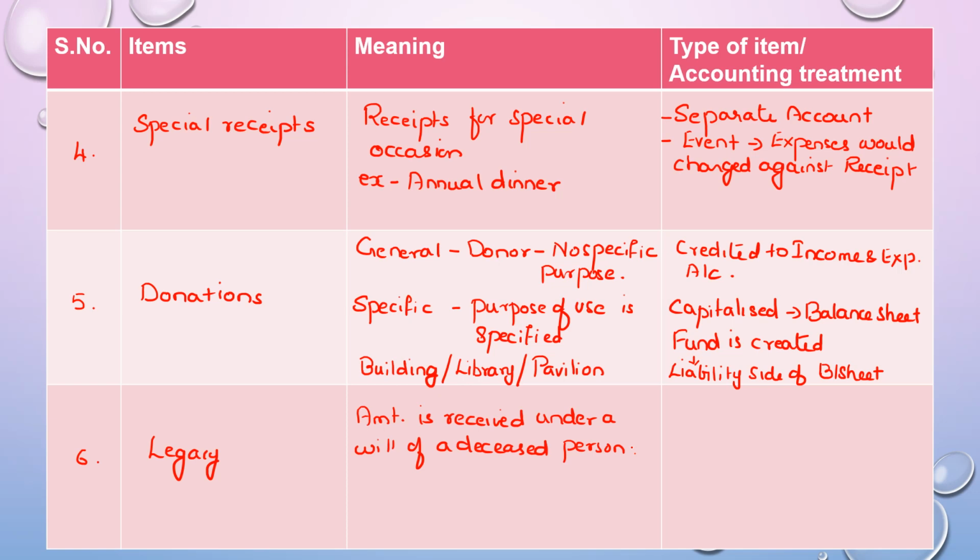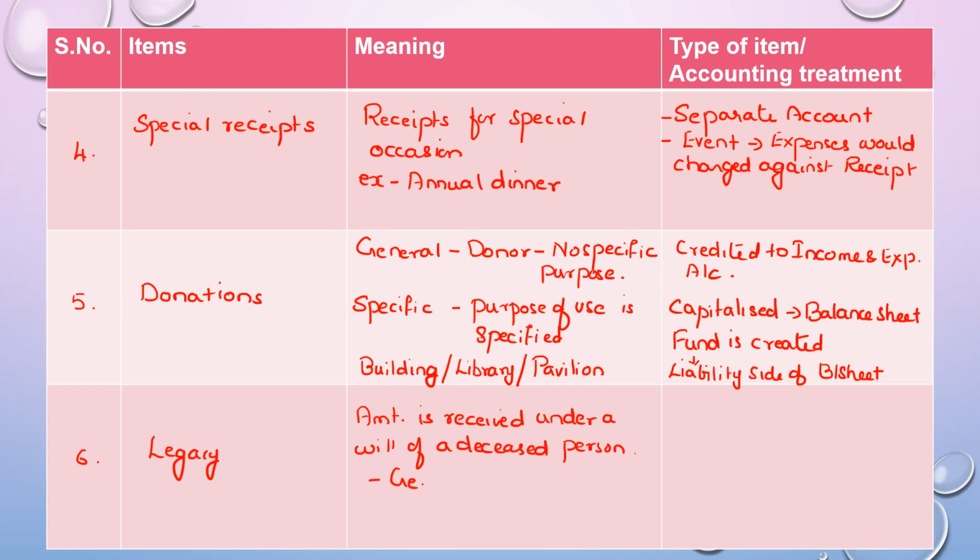Now, this type of receipt, when an amount is being received by a not-for-profit organization as per the will of some deceased person, is called legacy. This amount can be of two types.